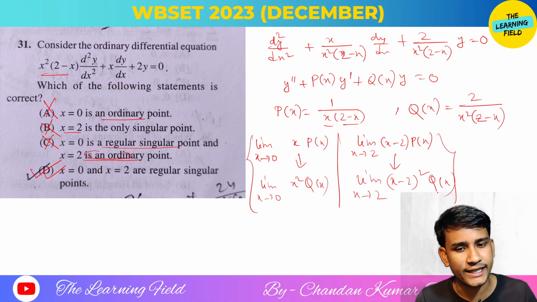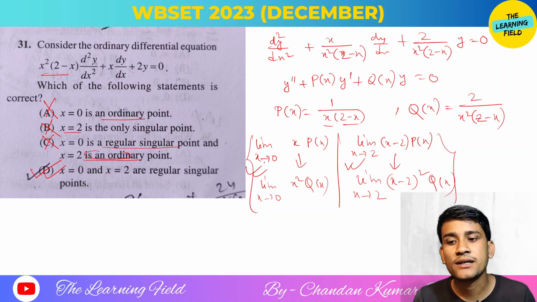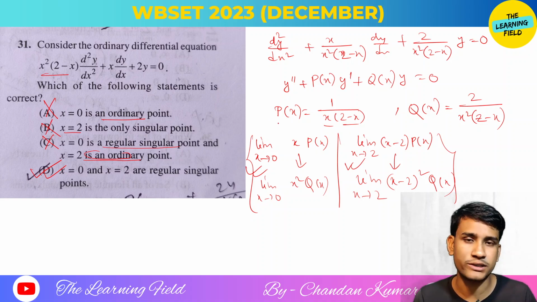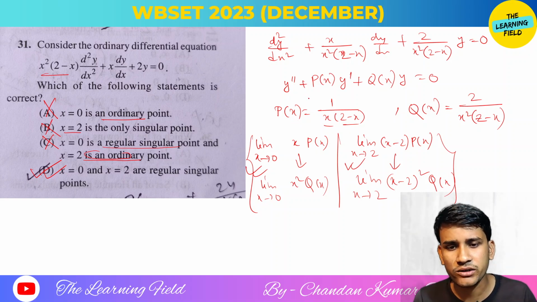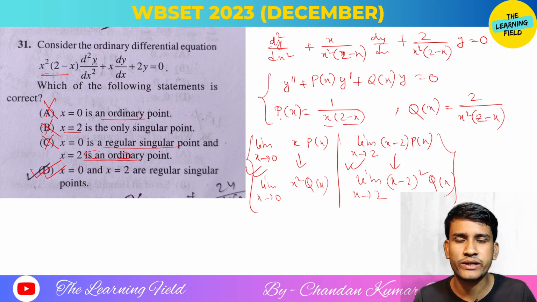You can easily check that these four limits, two for x tends to 0 and two for x tends to 2, all exist. So 0 and 2 both are regular singular points. You don't need to solve these questions actually; because of this observation you can easily decide through the options.